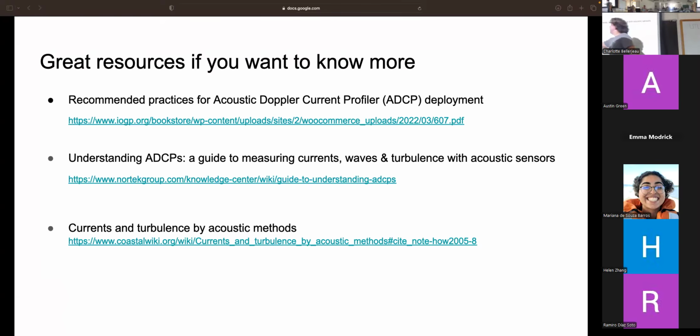This is particularly good if you're going on a cruise and you have no idea how an ADCP works or how to set it up. Then there's a book I'd recommend, and this page just summarizes all the turbulent bits and how you get them from different things. It was a really good page.